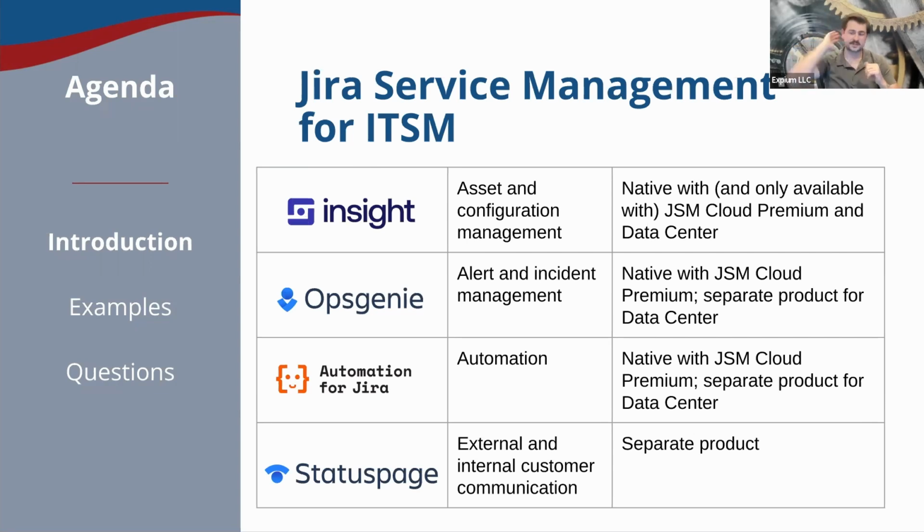But with your Jira Service Management license, you will also get Opsgenie, which is an alert and incident management tool. As most of you know, it's been around for a while now. Jira Service Management Cloud does come with automation for Jira. And then Statuspage, which is a separate product, but it does integrate really well with Jira Service Management.